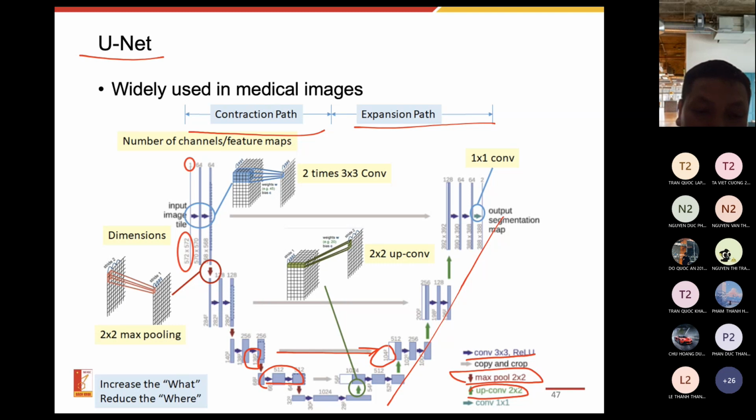So again for this shortcut, you also need to crop to have the size 200 by 200, and then you combine with the output of the activation by the up-convolution layer, and again for the last one, right?